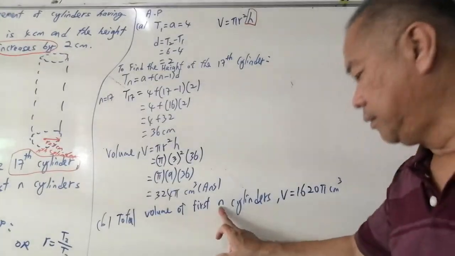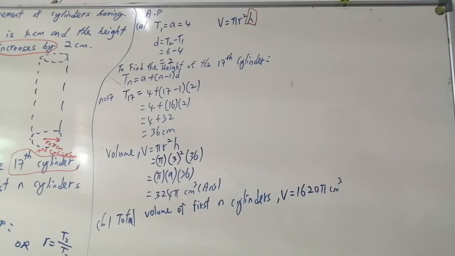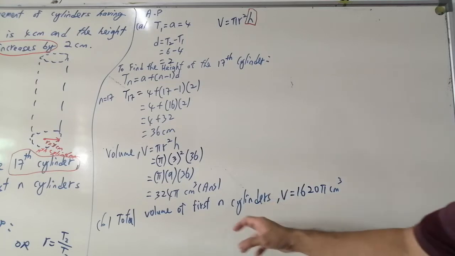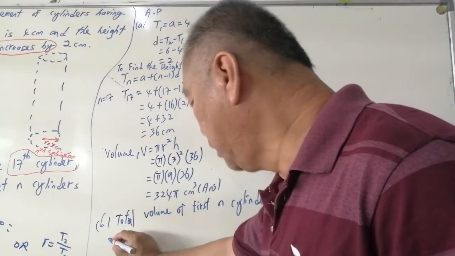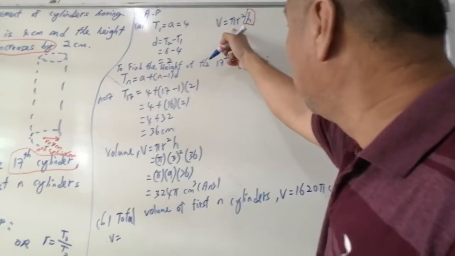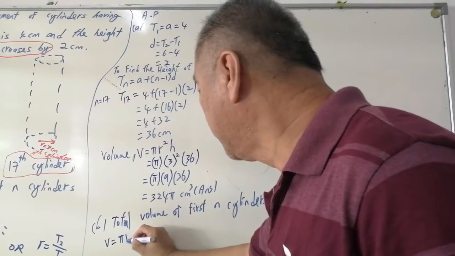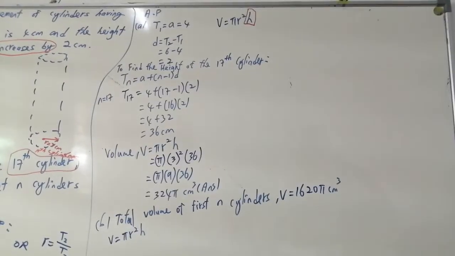But my n, I don't know how many cylinders, but I know that when I sum up all the volumes of the cylinders it should be equal to 1620 pi. I know that the formula for the volume of the cylinder will be equal to pi r squared multiplied by the height of the cylinder.